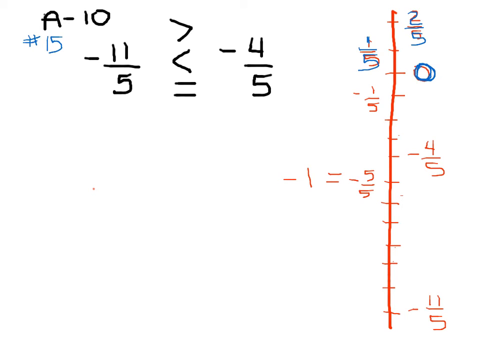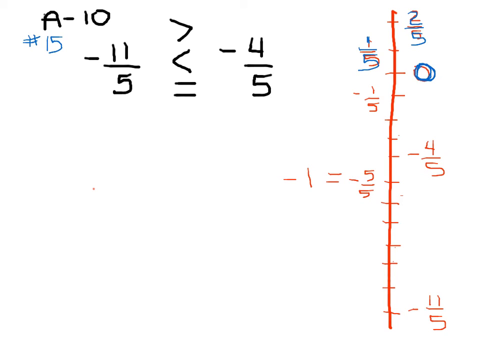And then I come down here. Negative 6 fifths, 7 fifths, 8 fifths, 9 fifths, 10 fifths, 11 fifths. Okay, so I can tell here that anything that's above another number is bigger than that other number.